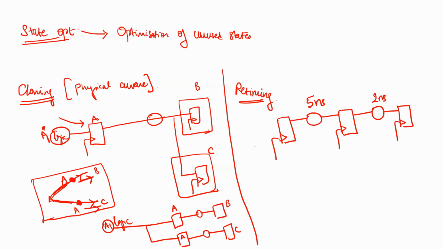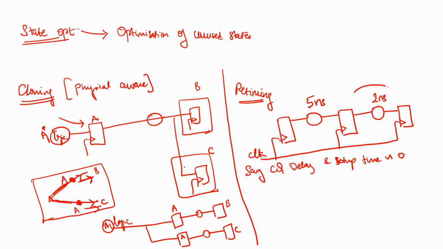Now let's assume clock to queue delay and setup time are approximately 0, so we don't even consider them. So what is the maximum clock frequency of this circuit? All these are getting the same clock.